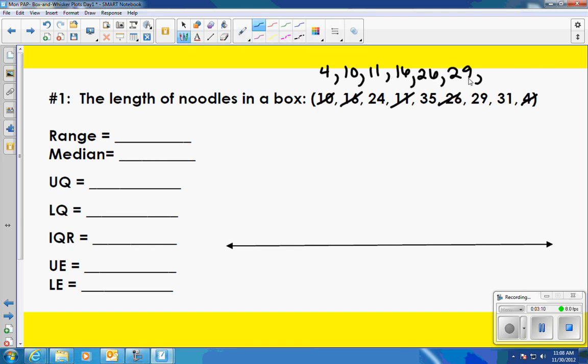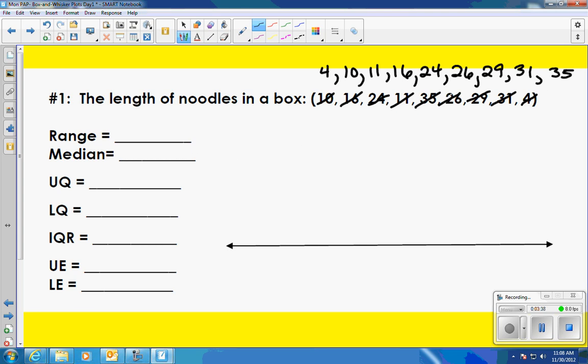Oops, I forgot one. So that's 16, 24, 26, 29, 31, and 35.